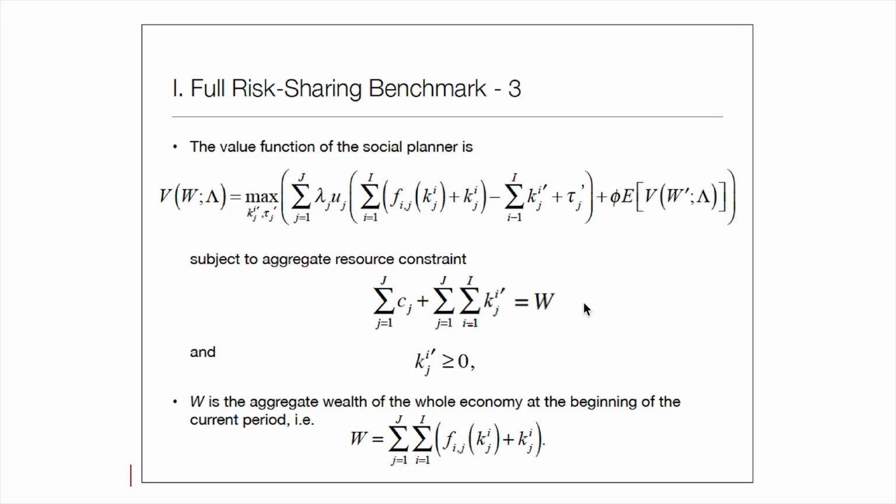So we're maximizing lambda-weighted sums of expected utilities just as before, subject to resource constraints just as before. The choice variables now include the transfers just as before, but we also are choosing which projects to fund and by how much capital investment.